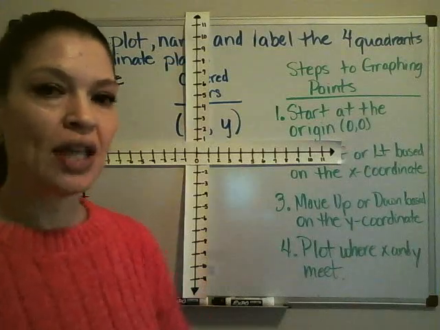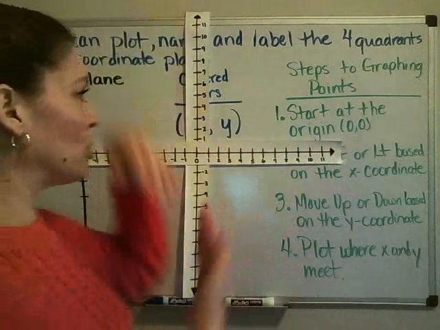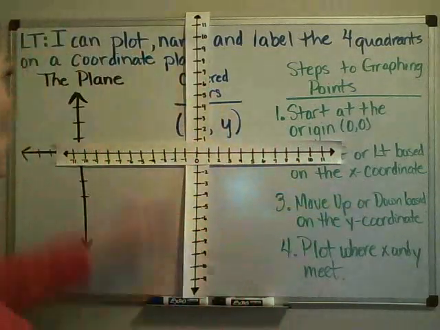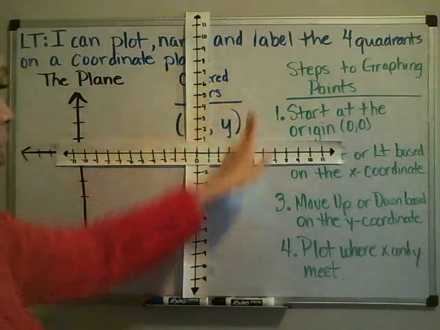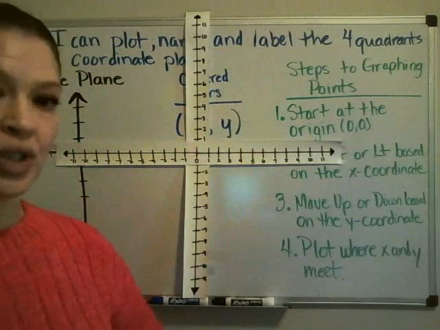So you can see that as I take this horizontal number line and the vertical number line and I merge the two, it creates 4 sections. Okay? It creates four sections. They're called quadrants.